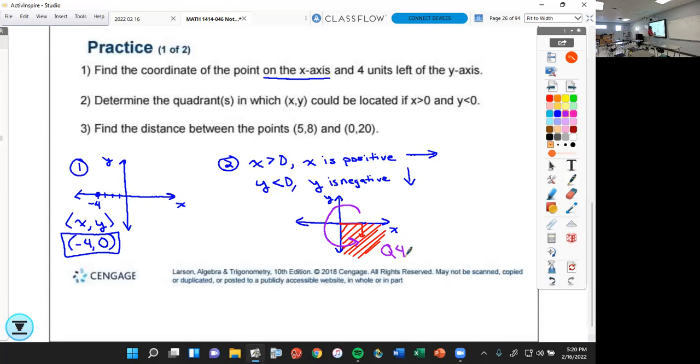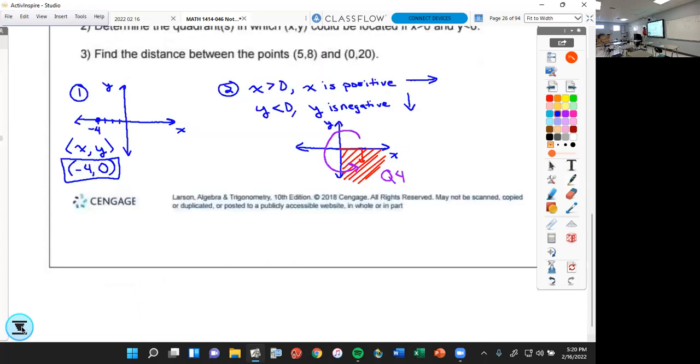Number 3, find the distance between the points 5, 8 and 0, 20. Okay, so just out of sheer convenience, I'll call the first point, point 1, and the second point, point 2, which makes 5 my x1, 8 is y1, 0 is x2, 20 is y2.